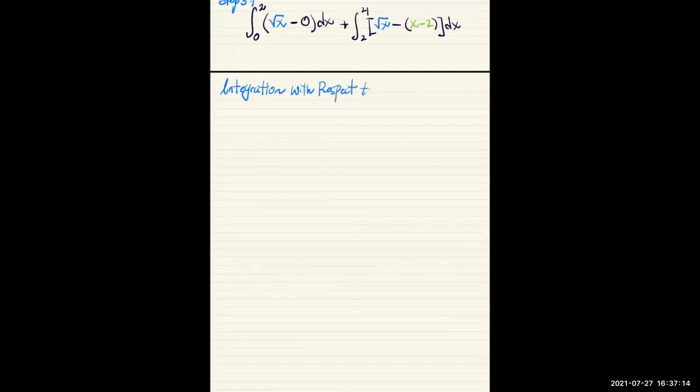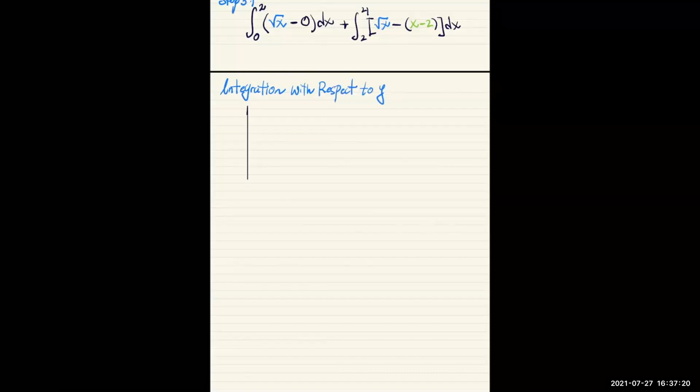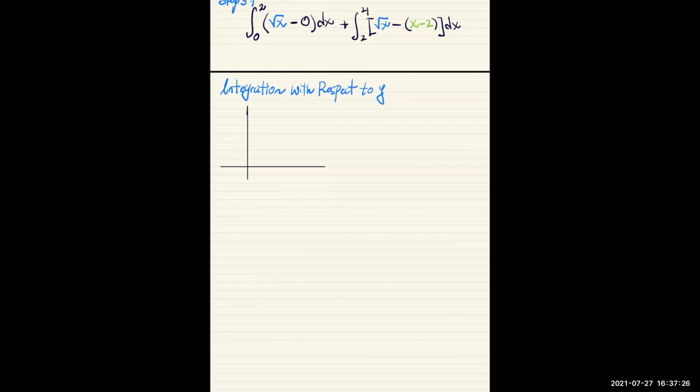And you have to know both ways. Okay, so let's say that we have two functions, but these are not functions of x's. These are functions of y. For instance, you have seen a sideways parabola, probably. This type of parabola.